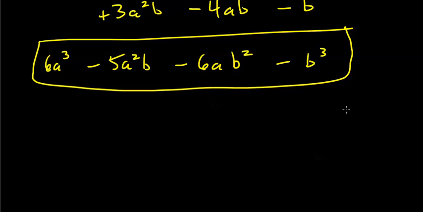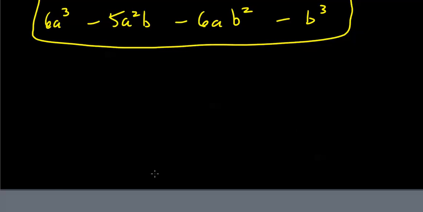Alright, let's do another one. Binomial times trinomial. Oh, let me get a fresh screen. Alright, the book talks about a vertical form, which I suppose is okay.